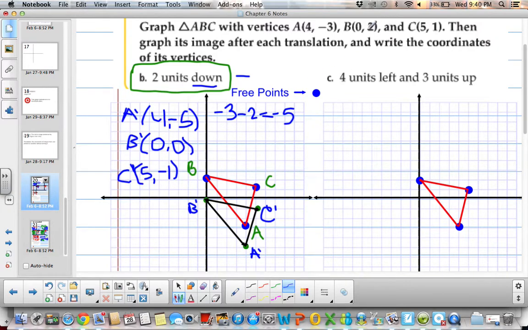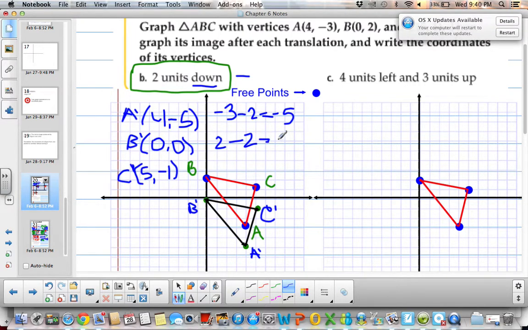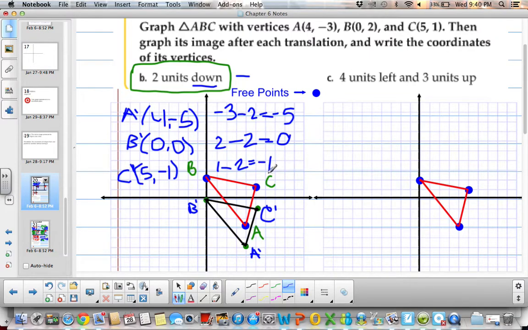Okay, same with B. Our zeros stay the same because those are our x's, but if we take 2 minus 2, we get 0. And then same with our C, our 5 stays the same, but if we take 1 minus 2, we get -1.